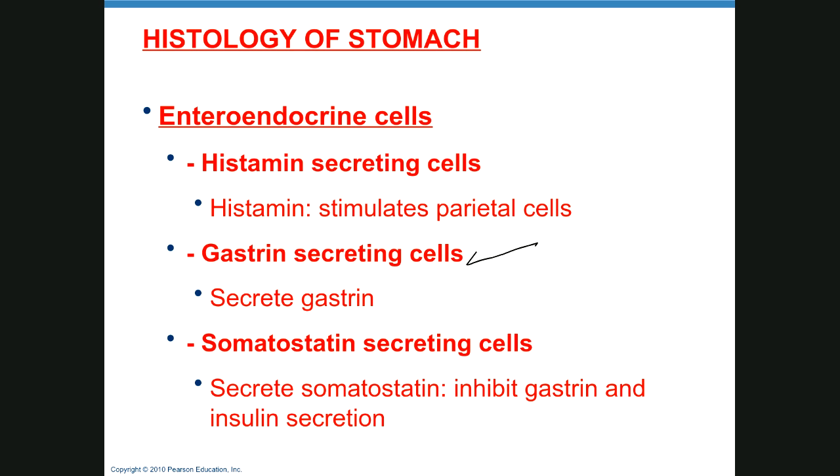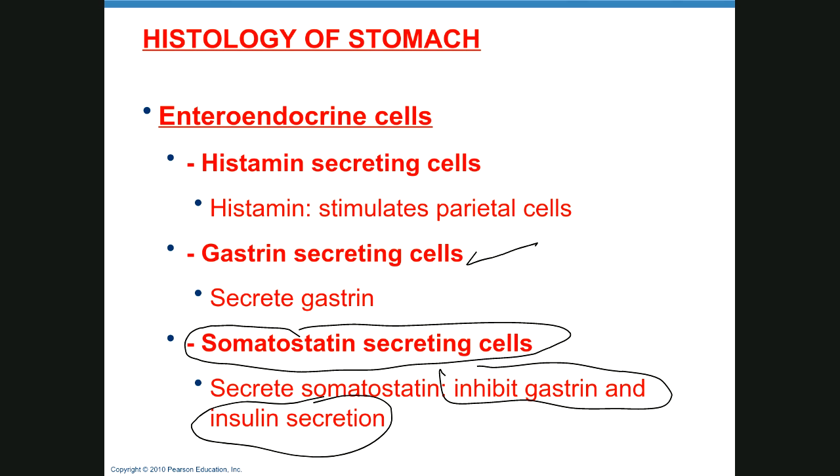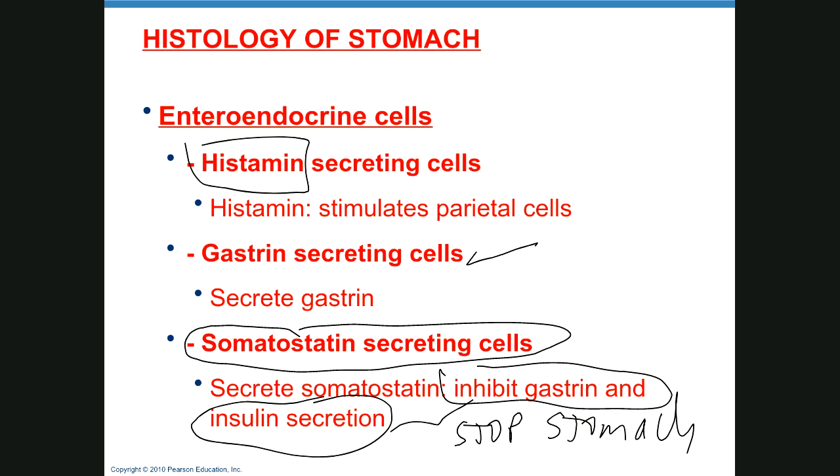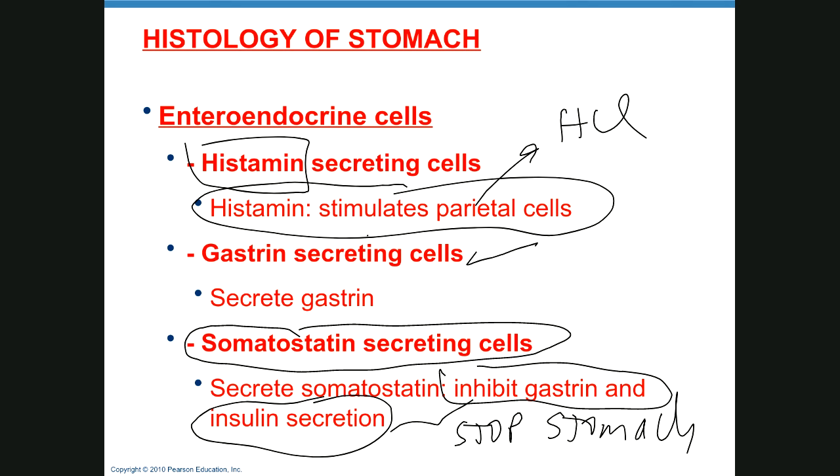Somatostatin is going to be a hormone that is going to inhibit gastrin and insulin secretion. Okay, so it's going to stop the stomach. Histamine, also secreted by these enteroendocrine cells, is not a hormone, but is a paracrine product, which is going to stimulate parietal cells. And parietal cells were the ones that secreted hydrochloric acid.